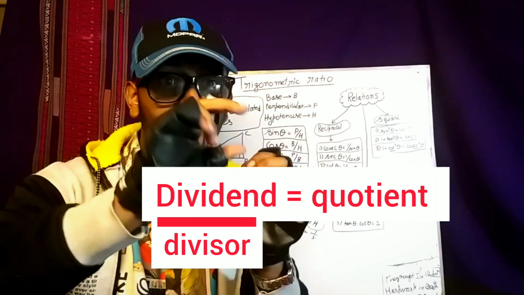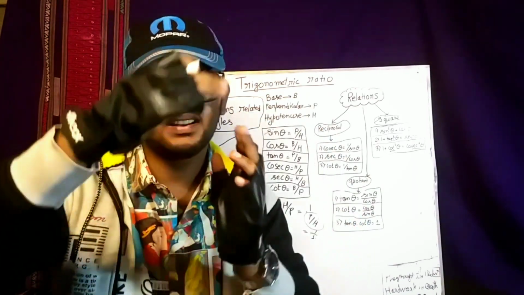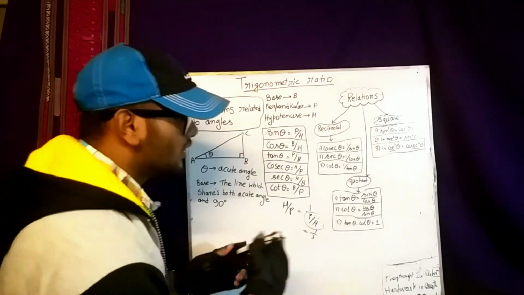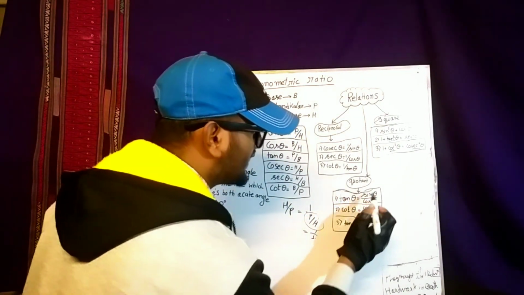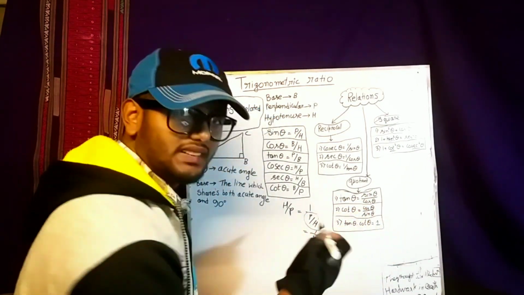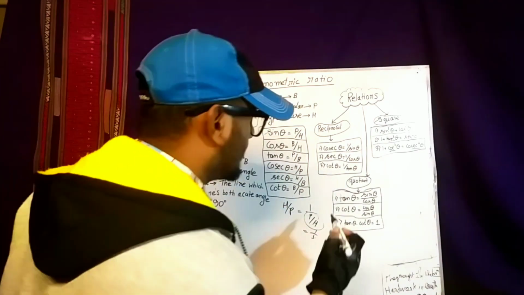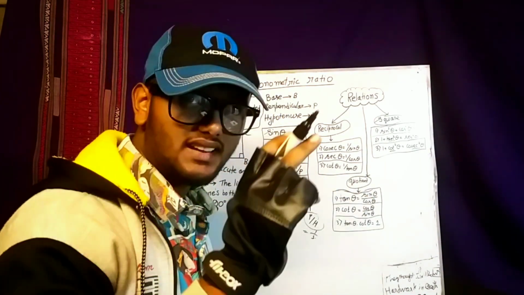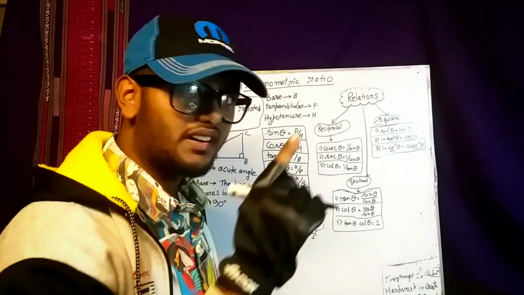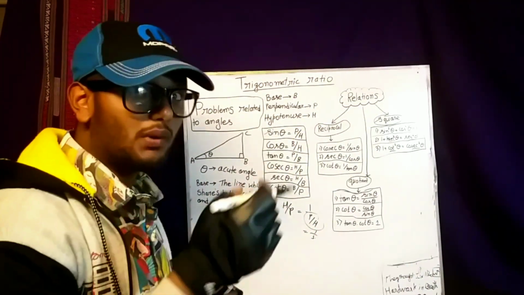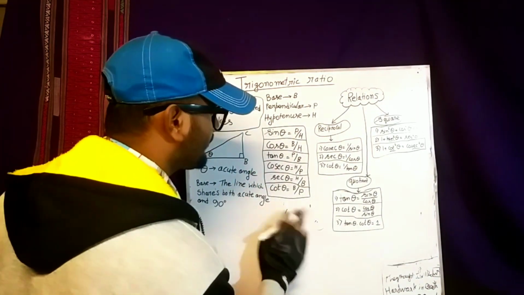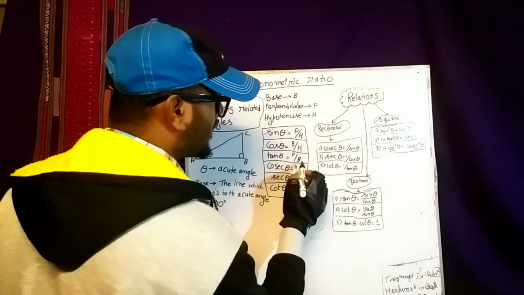That means something in divisible form, or fraction, or ratio. So here, the quotient relation means something in the form sin by cos, cos by sin. Tan theta is sin theta by cos theta. I've already done the proof, but since I'm making a one shot video, let me say it again. Tan theta. What is tan theta? Perpendicular by base.